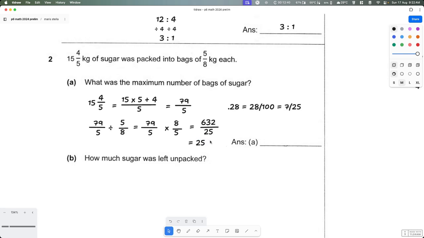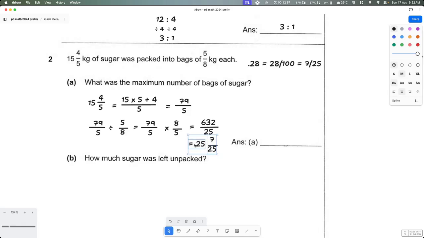So we have 25 and 7 out of 25. If I round this down, I'm going to take 25 only. So the answer to this question is 25. So 25 bags maximum.